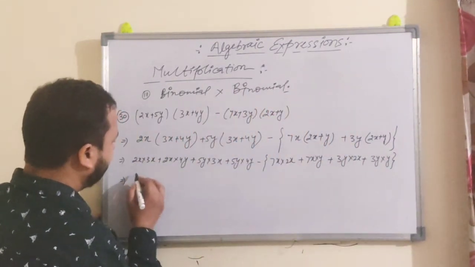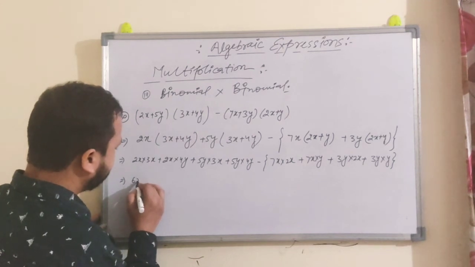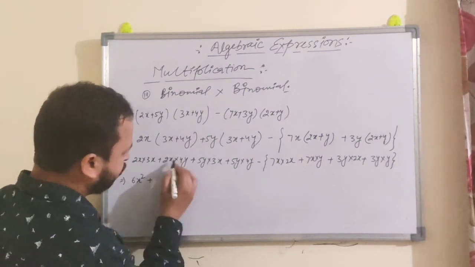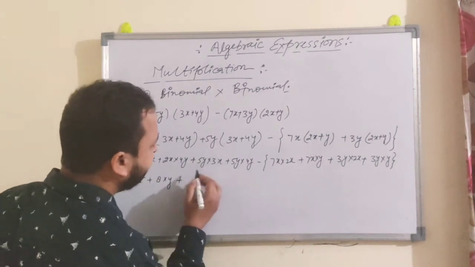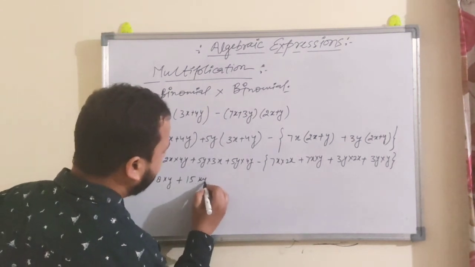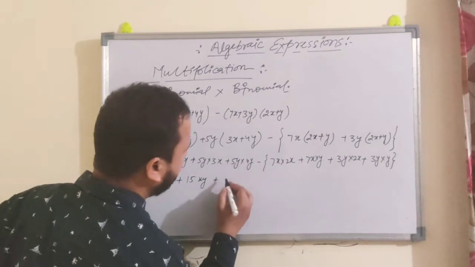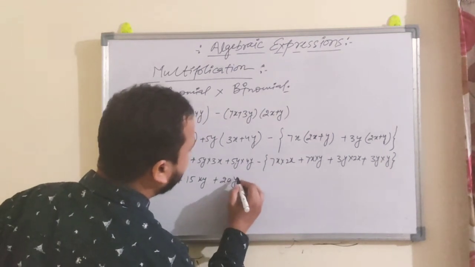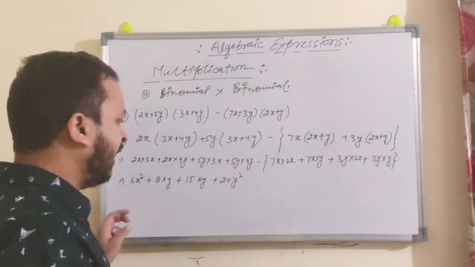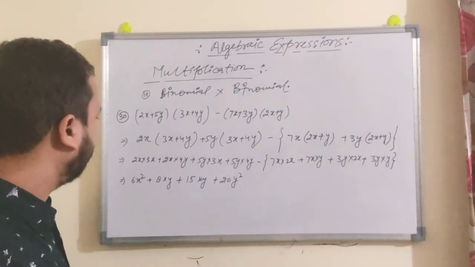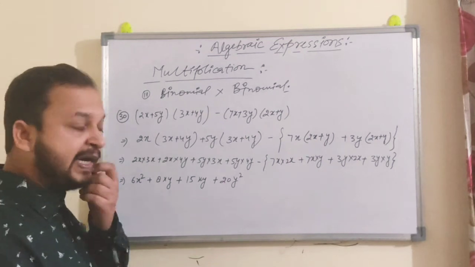Now 2 3s are 6, so 6x square plus 2 4s are 8, x into y xy, plus 3 5s are 15, x into y that is xy, 5 4s are 20, y into y that is y square. I have done it directly actually, right?